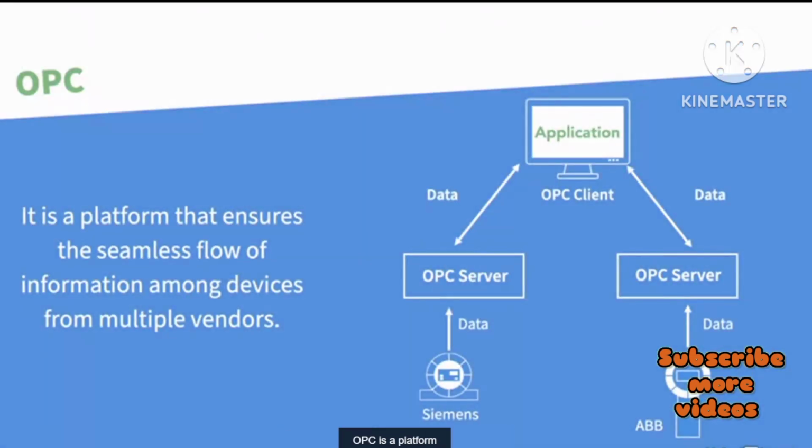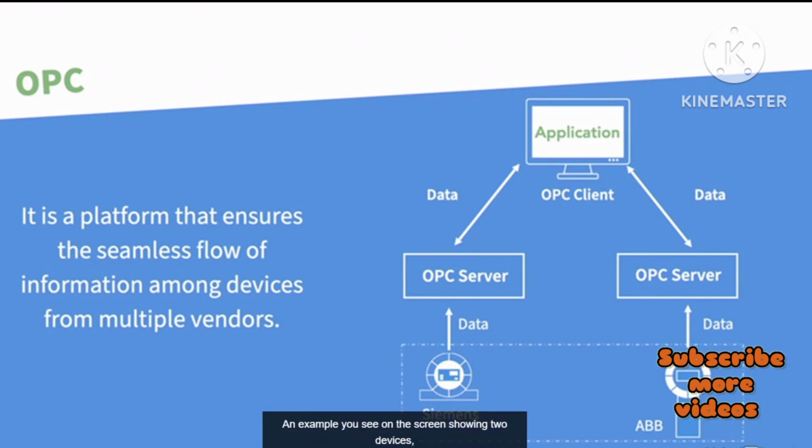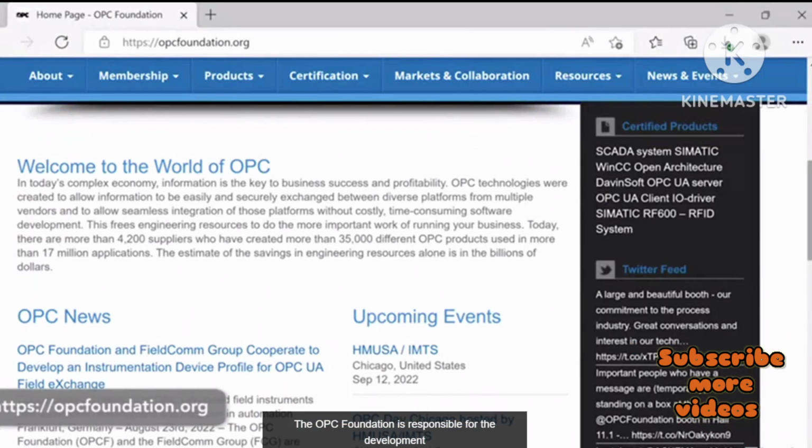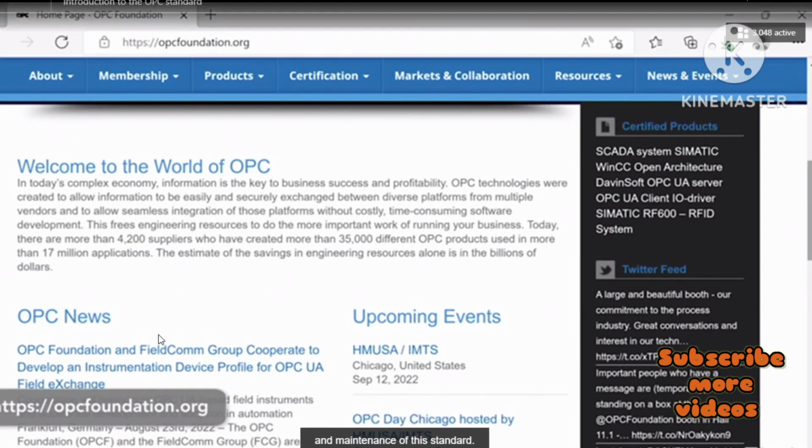OPC is a platform that ensures the seamless flow of information among devices from multiple vendors. An example you see on the screen showing two devices, one from Siemens and one from ABB. The OPC Foundation is responsible for the development and maintenance of this standard.